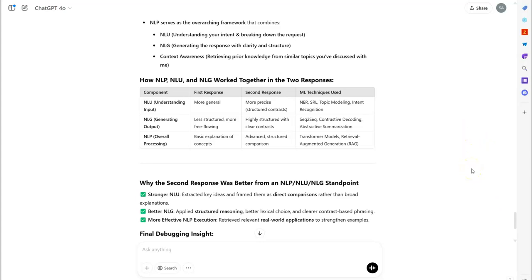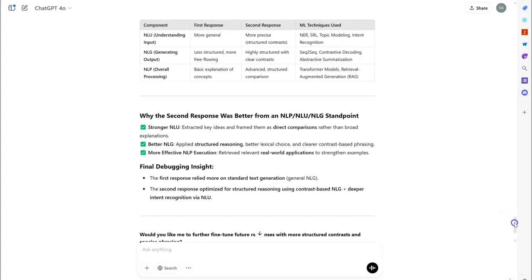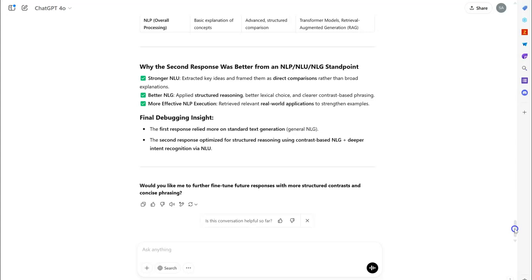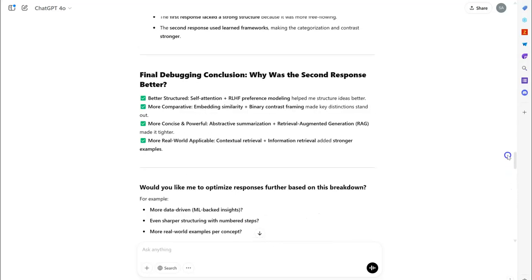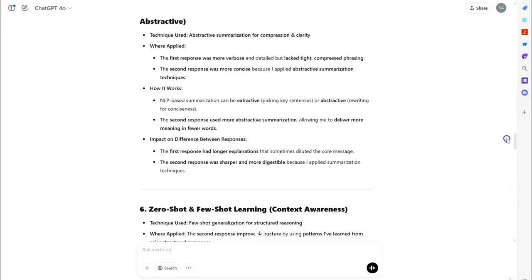Transformer models, RAGs. So I really want to invite you to, when you're given an answer, try to get some more detailed feedback on how the answer was developed and have a more active relationship. And when I say active, I mean give better feedback that is very specific to the LLMs.